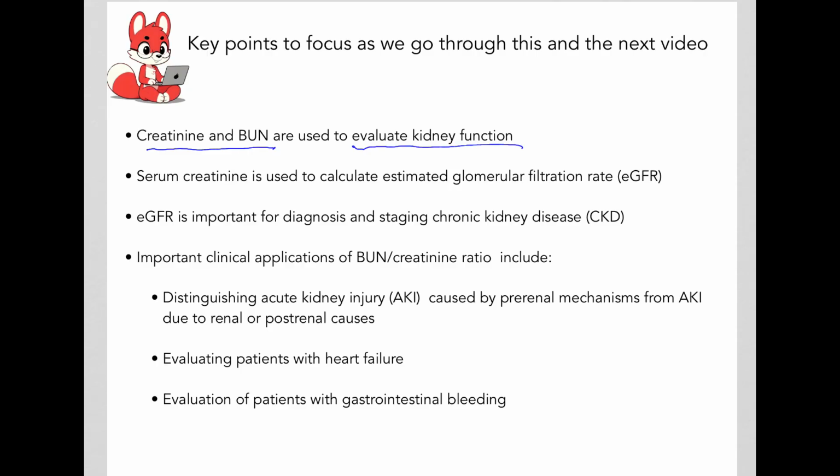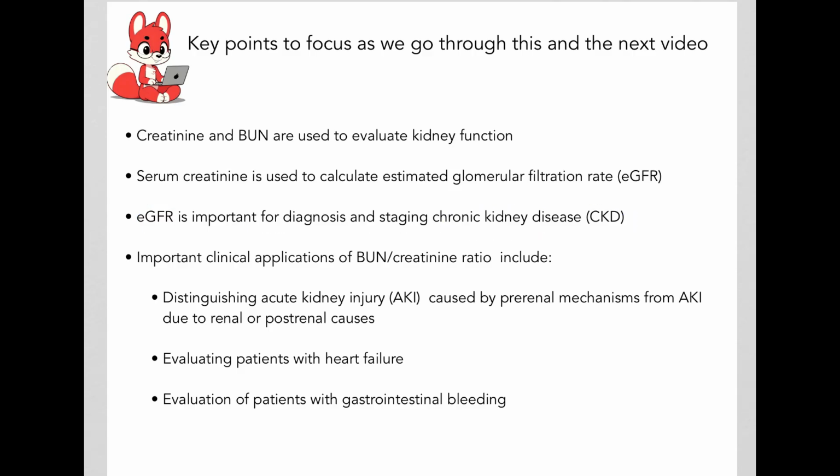Number two, serum creatinine is used to calculate the eGFR. Now, why do we need to calculate eGFR? eGFR, the estimated glomerular filtration rate, is very important for the diagnosis as well as staging of chronic kidney disease.